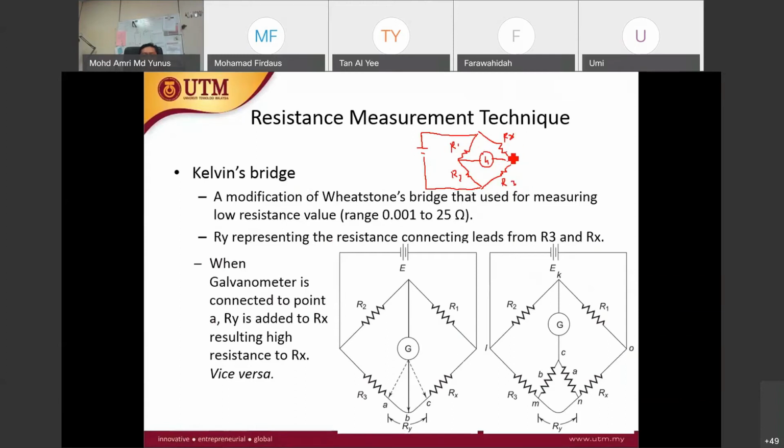Then it has some modification. There is a thick wire, connected like I show here.